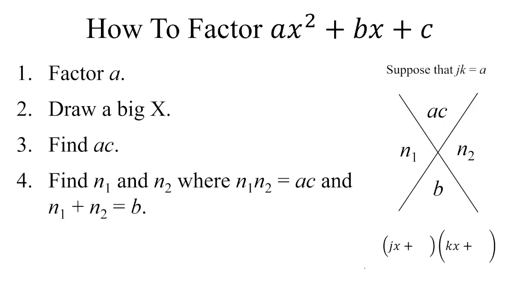Next, you'll find two numbers to where their product is AC and their sum is B. In other words, the product is the product of the leading coefficient and the constant, and their sum is the coefficient of the middle term.